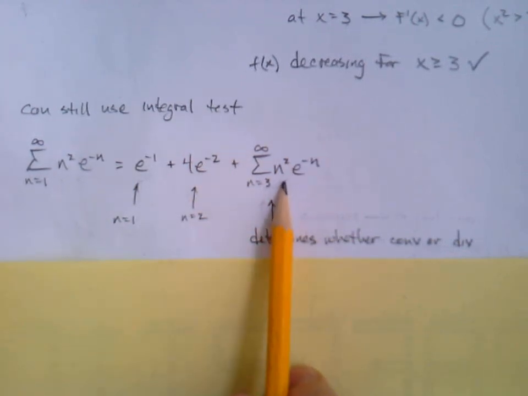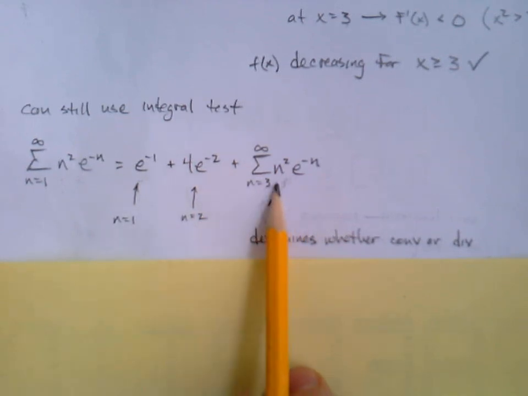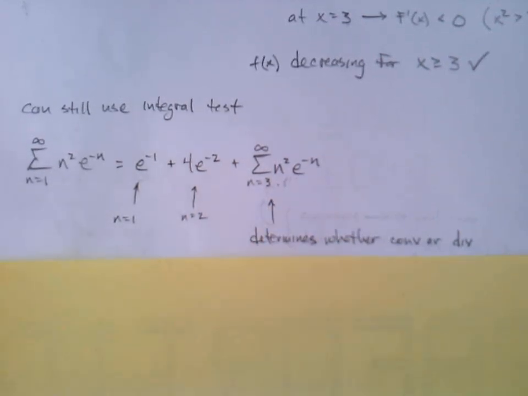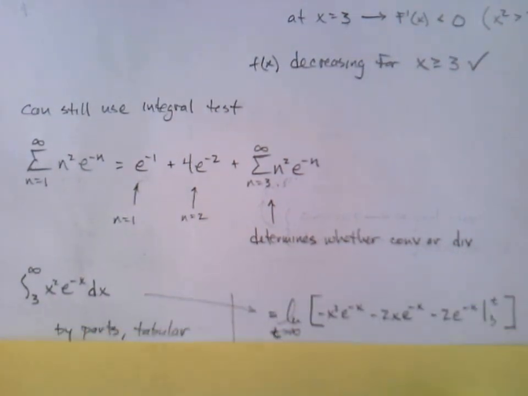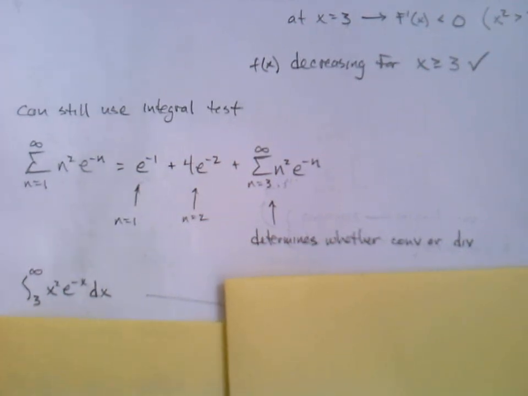We know that our function is positive, continuous, and decreasing for n greater than or equal to 3 from what we did earlier. So at this point, we have checked the conditions, and we can move on to the integral.